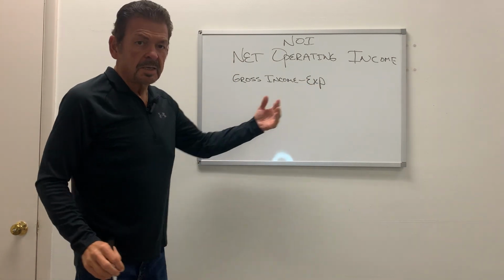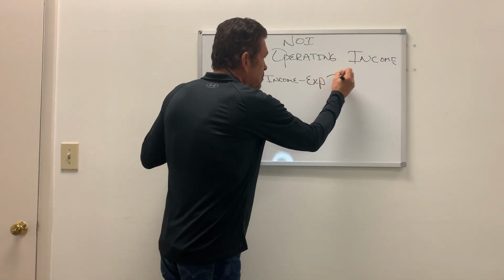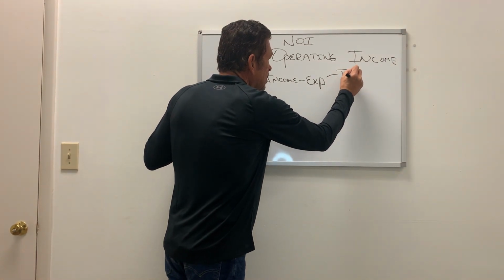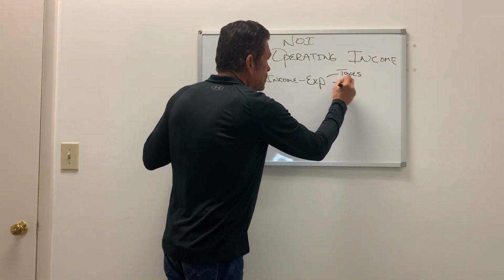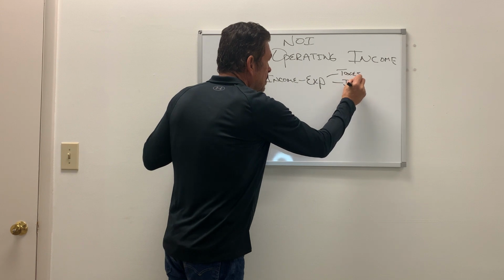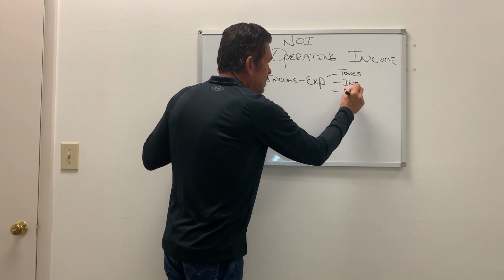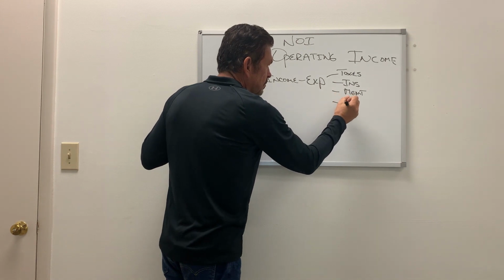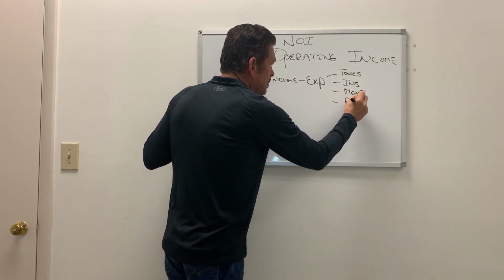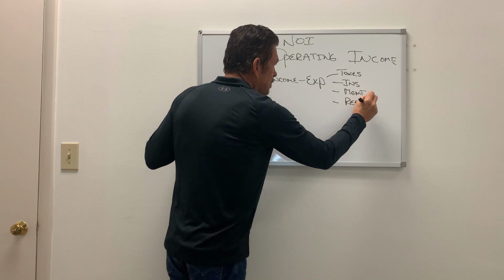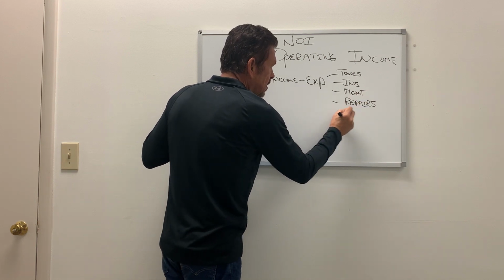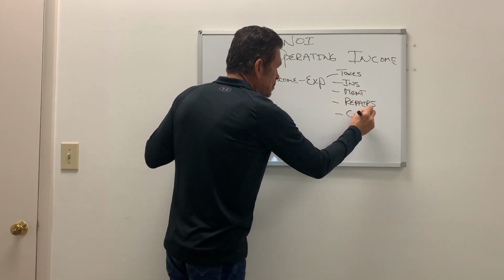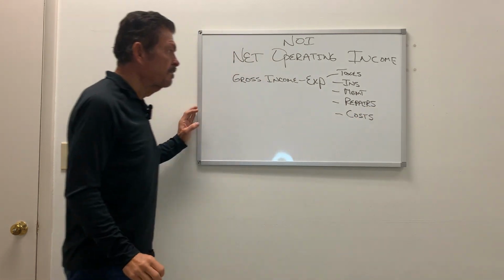So that would be things such as your taxes, your insurance, any management fees that you have, any repairs, and any other costs associated with carrying that property.